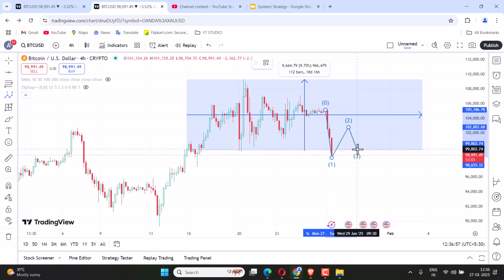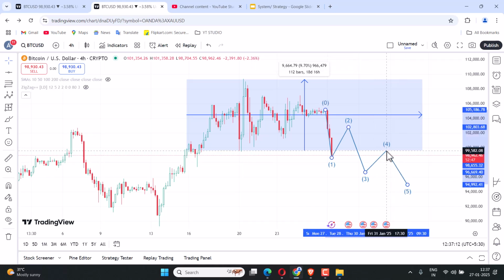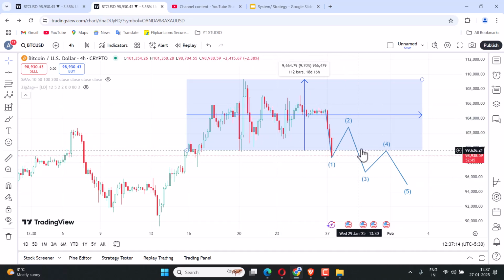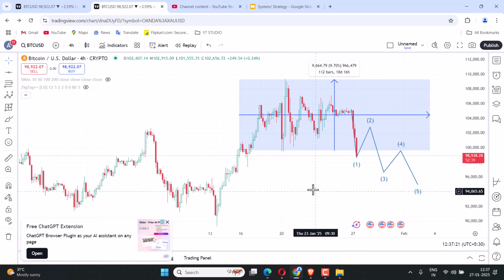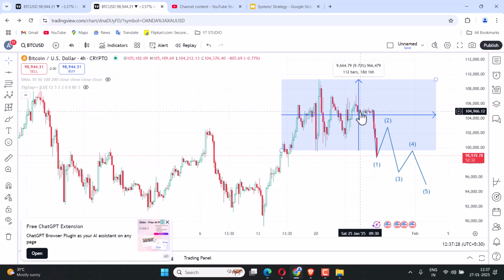I'm sorry, this might be going much lower. Okay, not here, might be going here. So these are basically the scenarios, and this price moves in a wave-like pattern, and you can see this everywhere. Here we were sort of ranging, we broke down, and it's somewhat similar scenarios just playing out in the market.